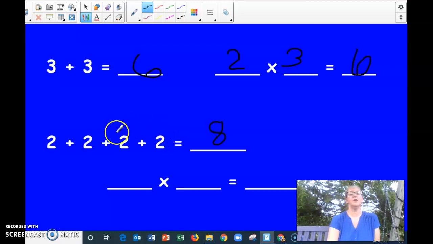Well, it's 1, 2, 3, 4 groups. 4. And each group had 2 in it. 2 times 4 is 8. So 4 times 2 equals 8 is an equivalent sentence, or the same as 2 plus 2 plus 2 plus 2 equals 8.